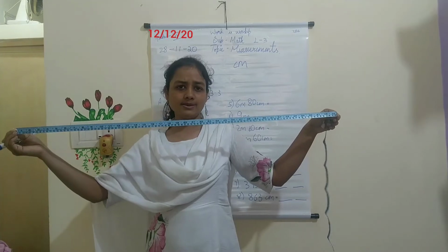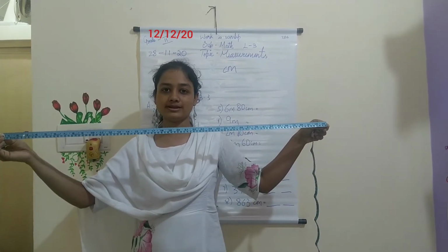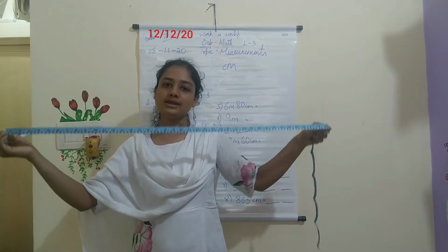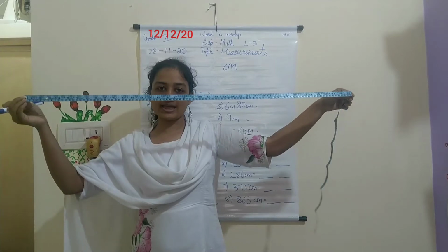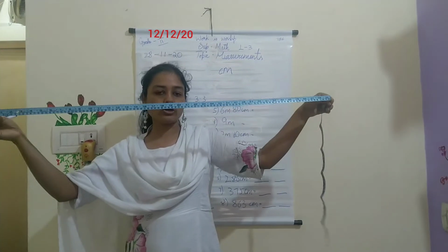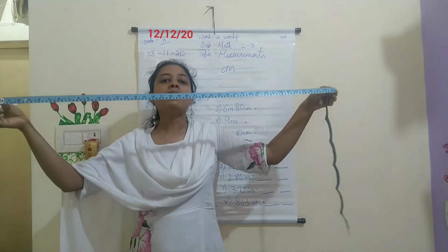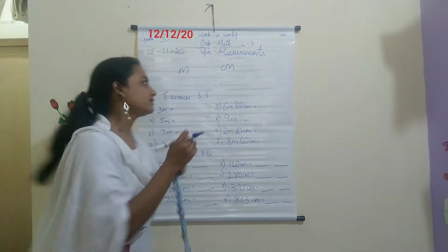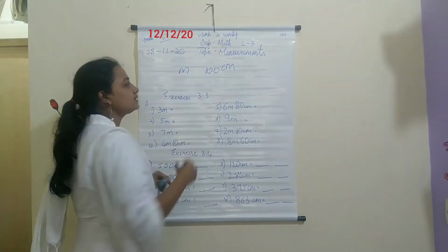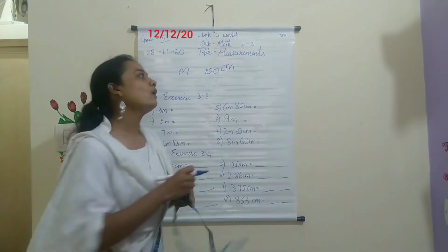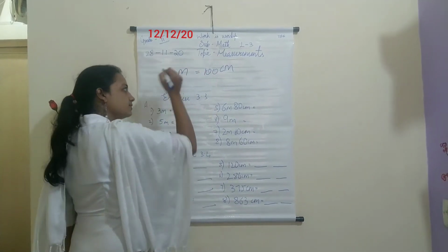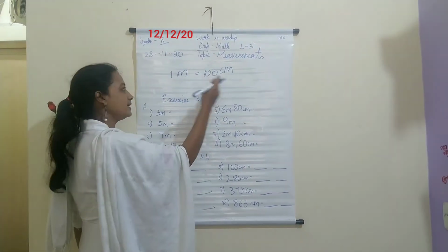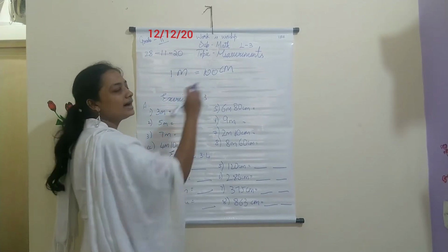To write 100 centimeters, I can also write it in meters. Instead of writing 100 centimeters, I will write it as 1 meter. That means this length which I am showing you is nothing but 1 meter. So both are equal. You can also say 100 centimeters as 1 meter because both are the same.